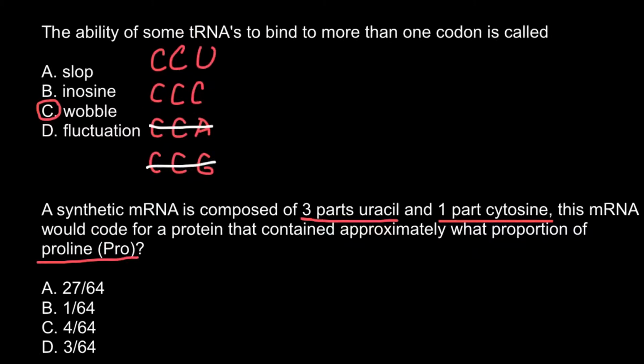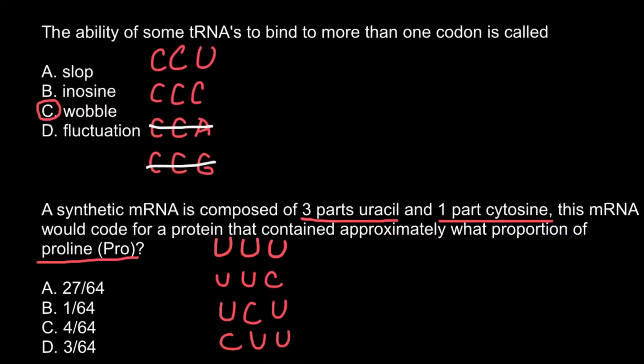In our next step, we have to find how many different combinations we can make with 2 bases, uracil and cytosine, when we make three-nucleotides. The first variant would be 3 uracils: uracil, uracil, uracil. The other variant would be 2 uracils and 1 cytosine, so this can be uracil, uracil, cytosine; uracil, cytosine, uracil; and cytosine, uracil, uracil.